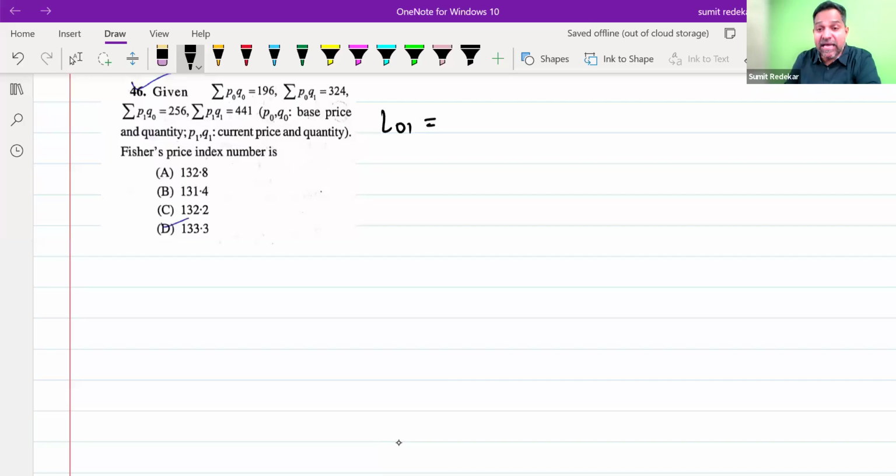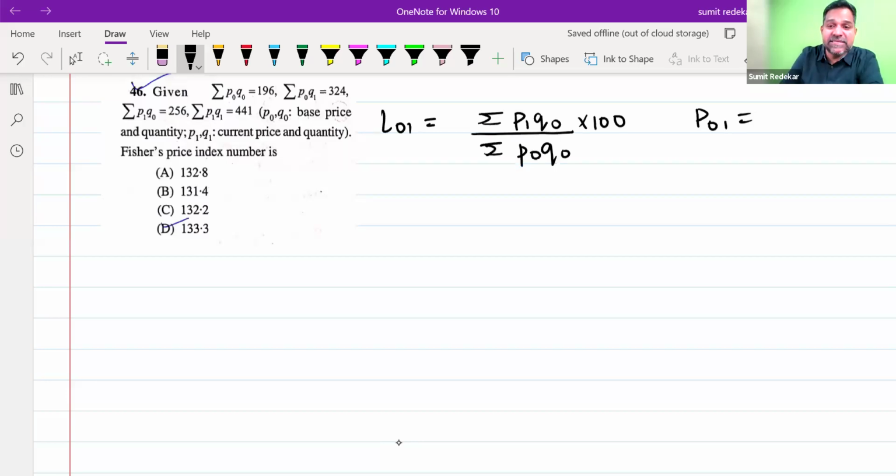So I will find Laspeyres' price index number, which is nothing else but the sum of the product of the price in the current into the quantity in the base, divided by the price in the base into the quantity in the base, multiplied by 100.